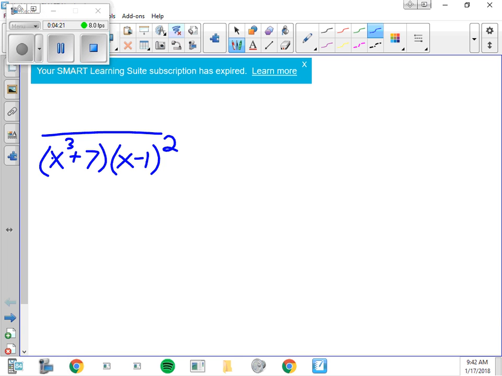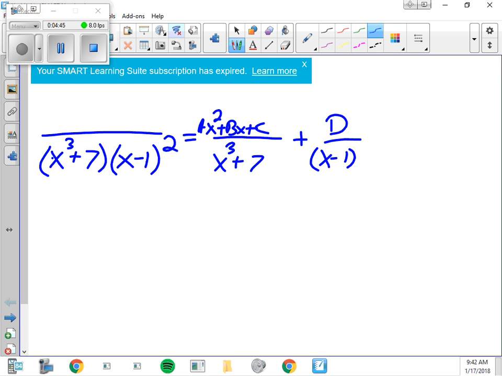How many fractions will there be? 3. Okay. The first one is a cubic. So if I put x to the third plus 7 in the bottom, the numerator has to be 1 degree lower. So we end up with Ax squared plus Bx plus C, and then x - 1 with a D over it, and then E over (x - 1) squared.